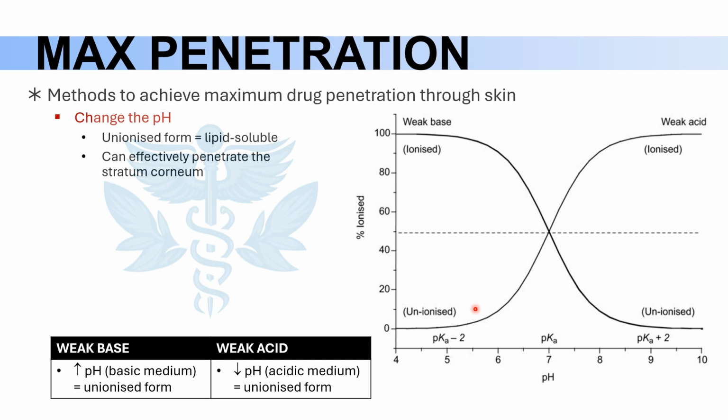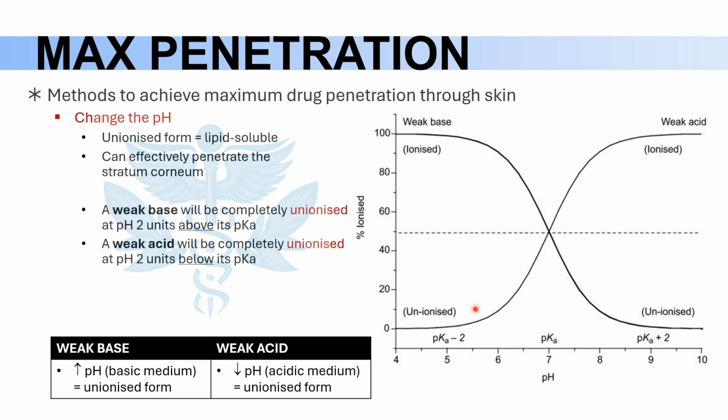By the way, this is a graph derived from the Henderson-Hasselbalch equation. Notice also that the drug, whether it is a base or an acid, becomes completely ionized at a pH above or below its pKa by 2 units, above or below.